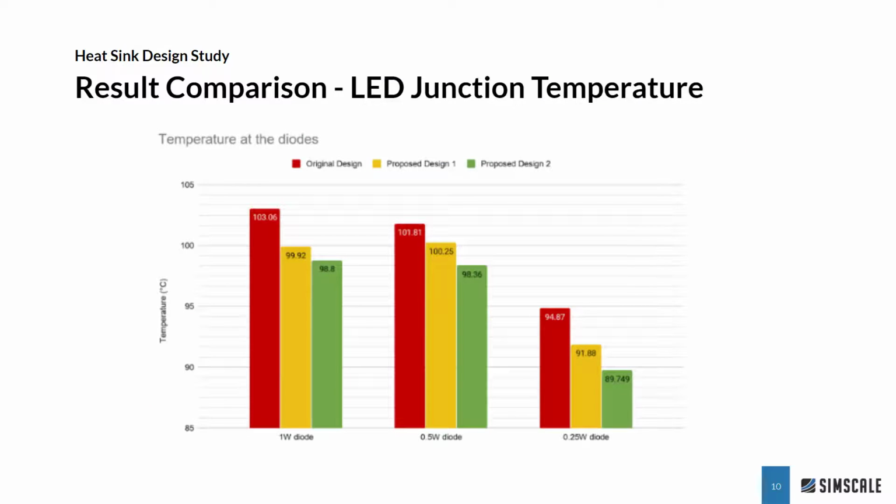And if we look at the junction temperatures themselves, or the temperatures on the diodes, then we can clearly see the benefits of the proposed design 2 in terms of the heatsink performance. Both in terms of cooling capacity, which is going to ensure good lighting performance as well as long lifetime, and also we're going to have gains in terms of reducing material costs using proposed design 2.